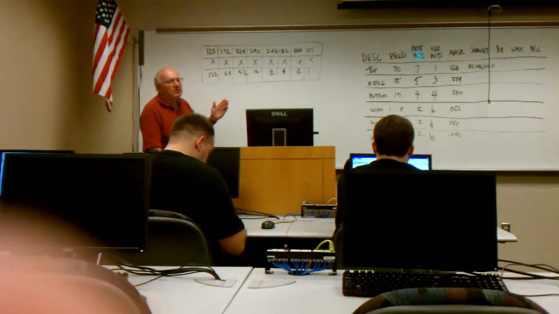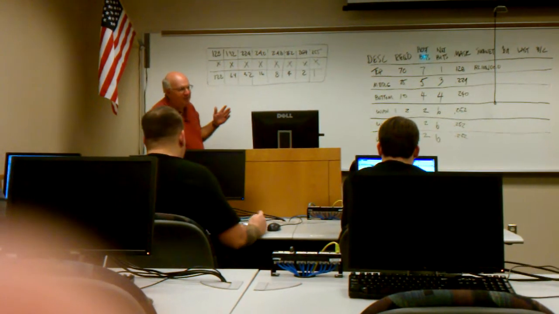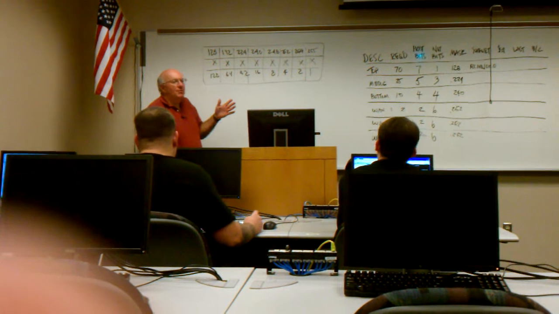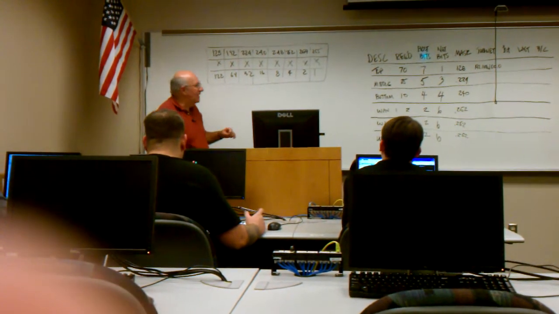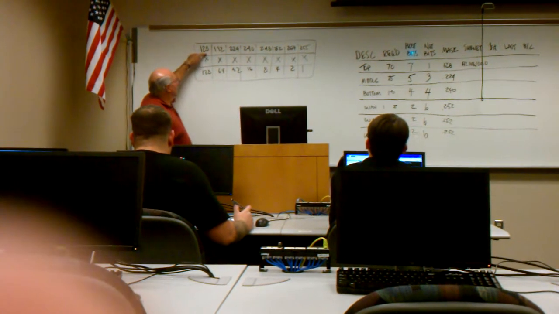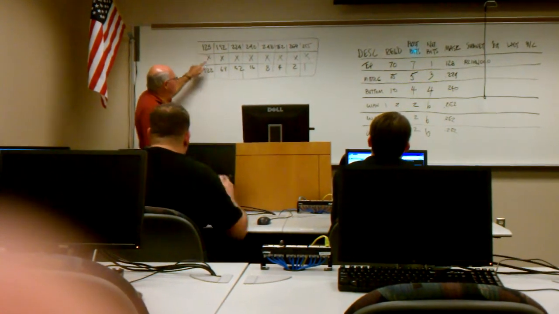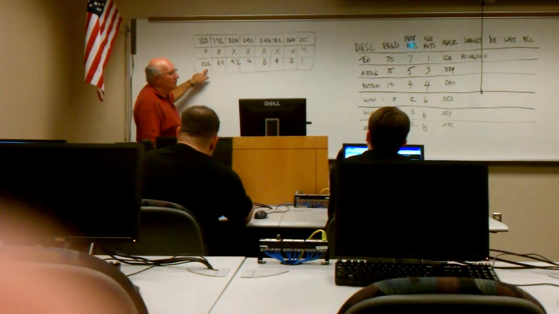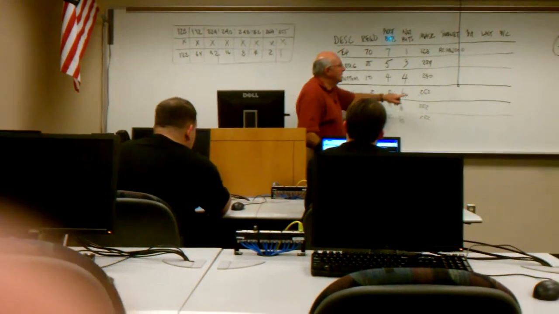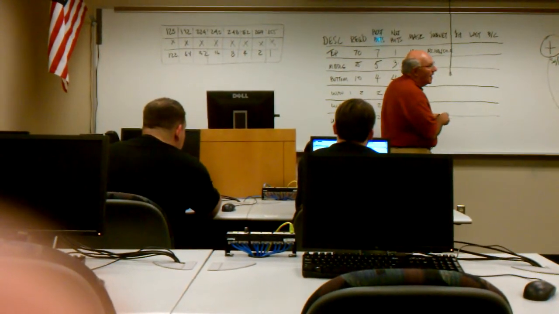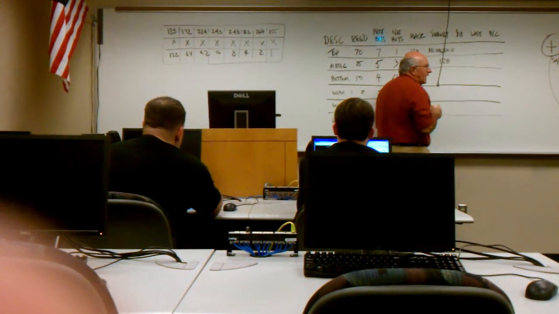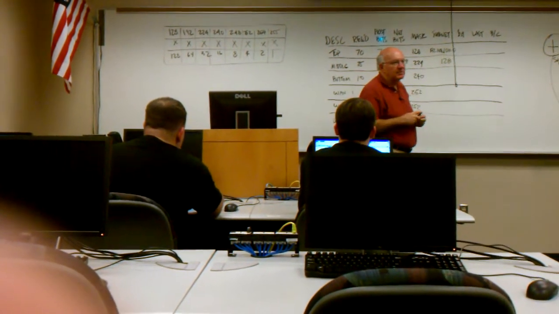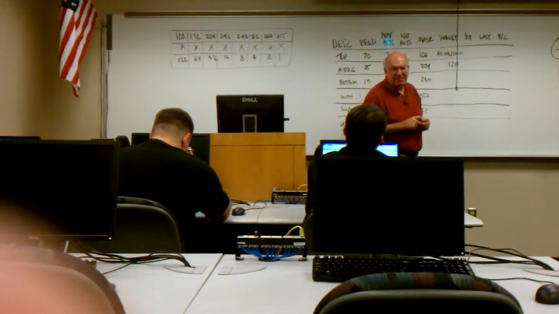If I go 128 numbers, what's my last number? 127. What's the first number in the next range? 128. So if my mask is 128, I know my increment is 128, therefore I can take the base number and add 128 to it and come up with the beginning of my next one.